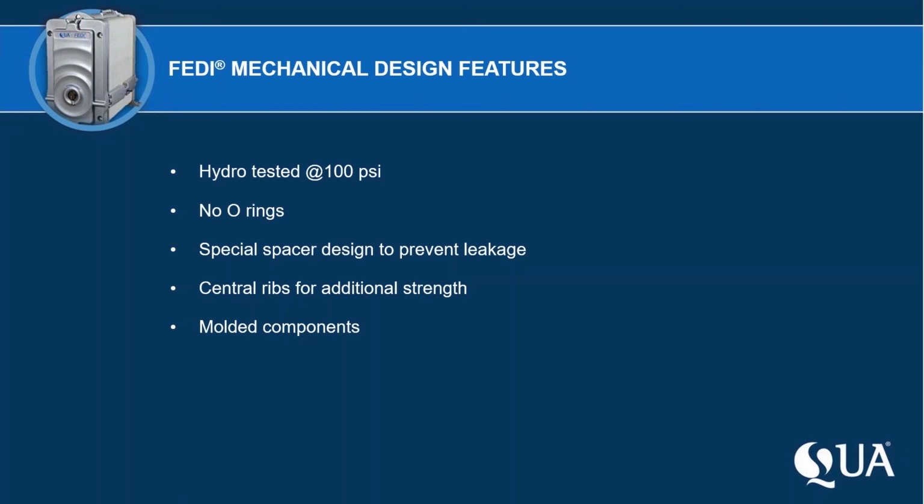So the additional strength in ours comes from central ribs that separate our two compartments. And all our compartments are molded. Again, because of the advancements in molding and polymers today, it's very easy to make a very consistent, reproducible, robust Fedi stack.